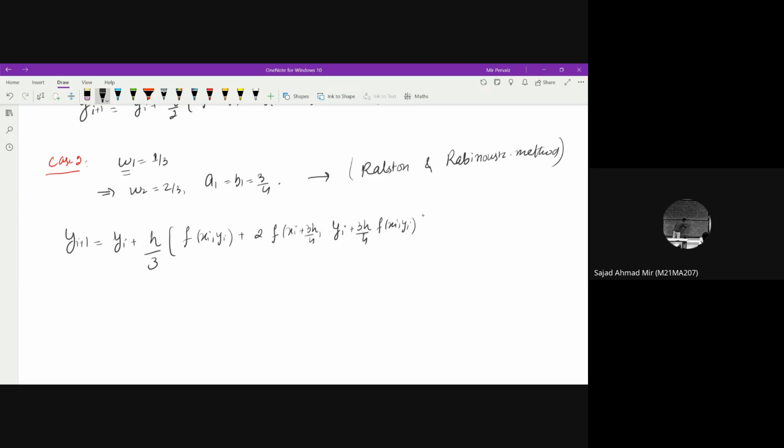So with this particular choice of the constants, you are getting this numerical scheme.